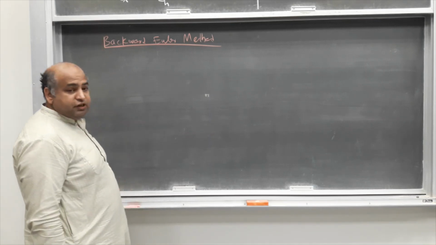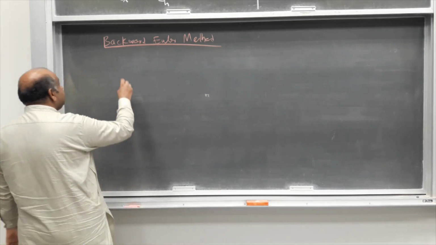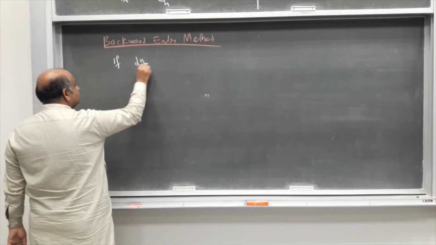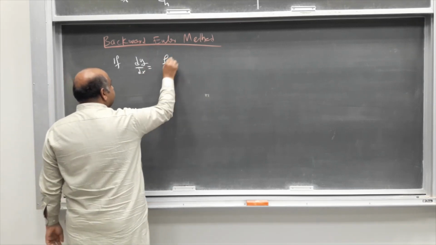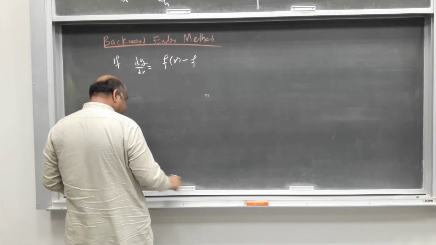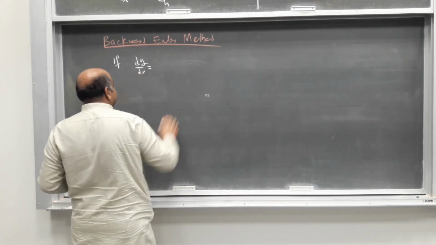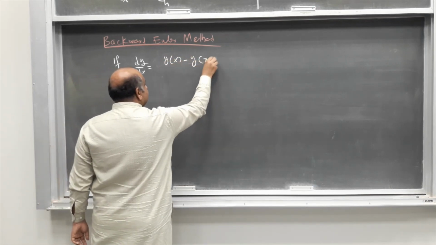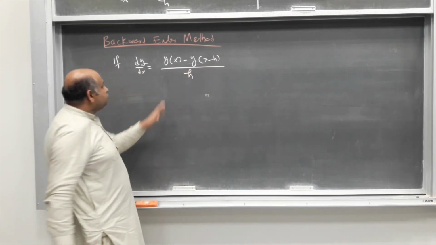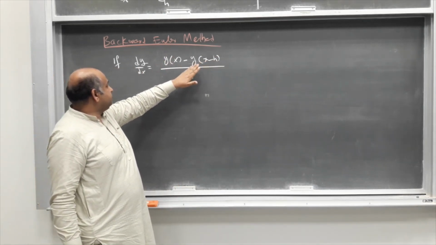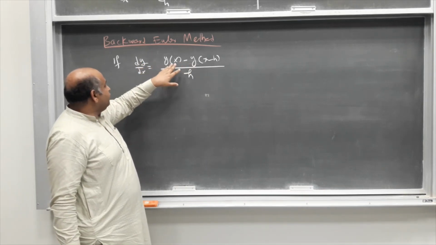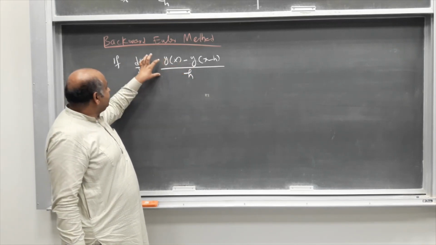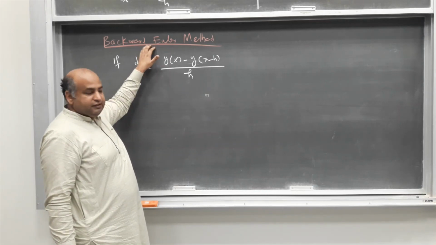So let's get back to our original equation. If instead of approximating the derivative as the forward difference, we use the backward difference to compute the derivative of y of x, which means that to find the derivative at x, I use the value of y at x and the value of y at a point before x, then what we get is a method which is called the backward Euler method.